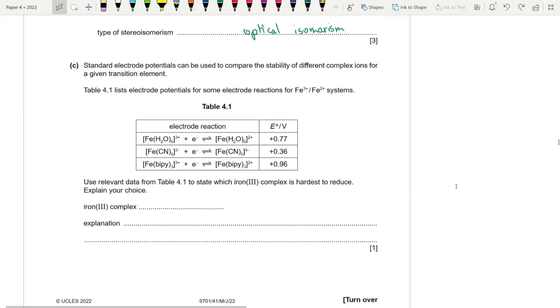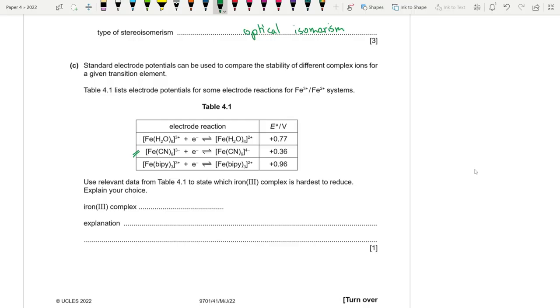Standard electrode potentials can be used to compare the stability of different complex ions for a given transition element. Use the relevant data from table 4.1 to state which complex ion is the hardest to reduce. Okay, so the lower the reduction potential, the harder it is to reduce. So clearly it's this cyanide complex, since it has a reduction potential of 0.36 only, right?